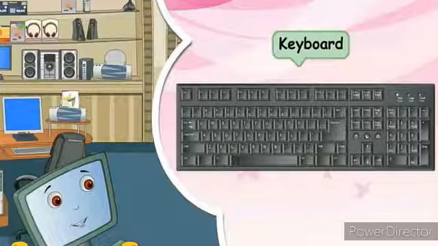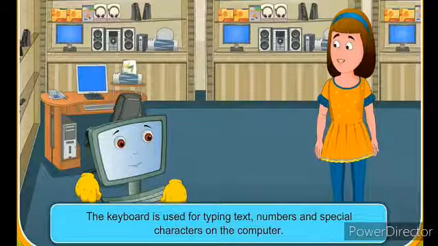Now we are going to discuss the keyboard. The keyboard is used for typing text, numbers, and special characters on the computer.